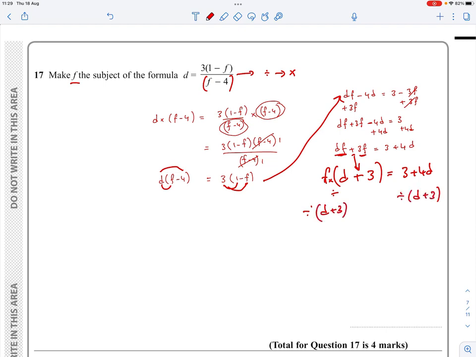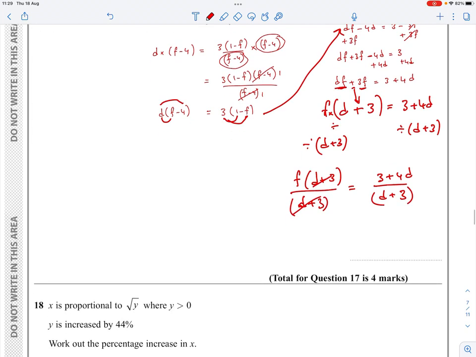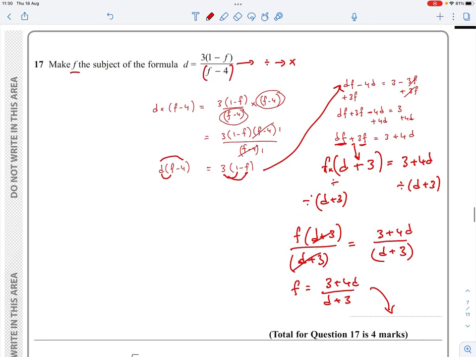Hence, what you're left with is f times d plus 3 divided by d plus 3 equals 3 plus 4d over d plus 3. Again, d plus 3 will cancel. What you are left with is f equals 3 plus 4d divided by d plus 3. Hence, that will be your answer.